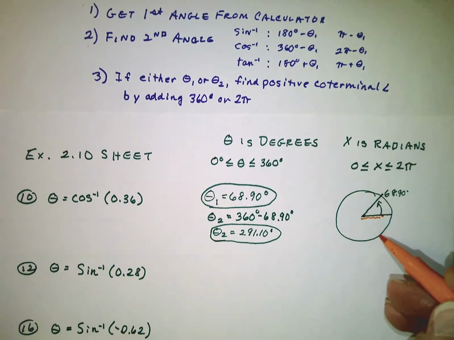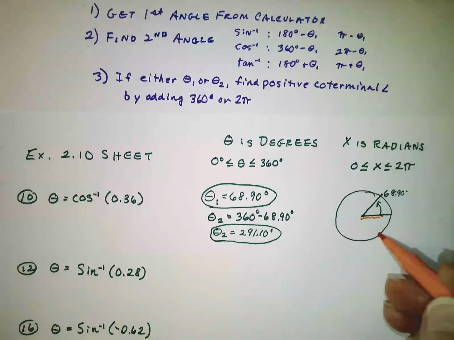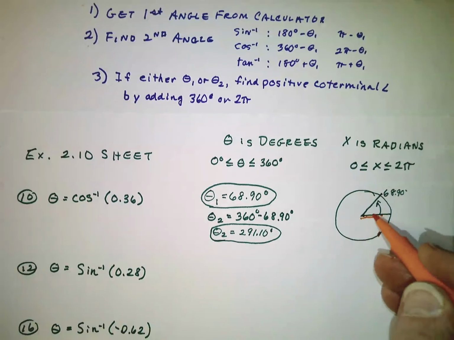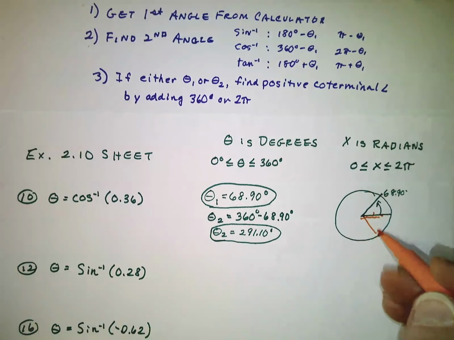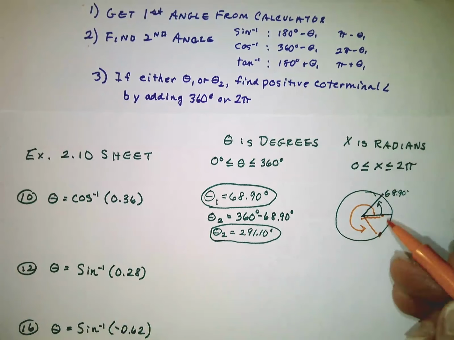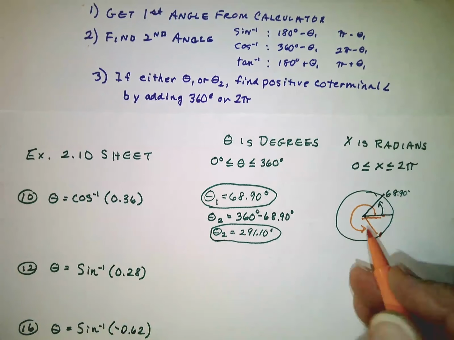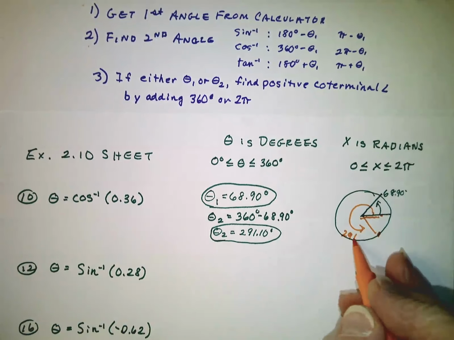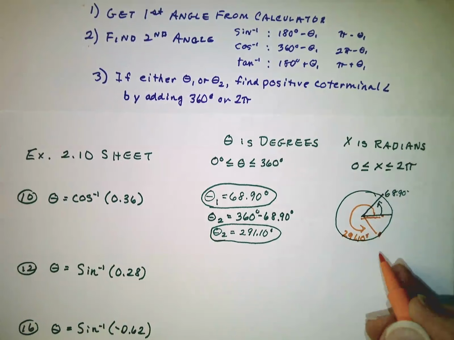Which would mean that it would come out about here. It's going to have the same cosine value. So that would bring it all the way around to here. And we could check with reference angles. This would be 291 and 10 hundredths degrees.